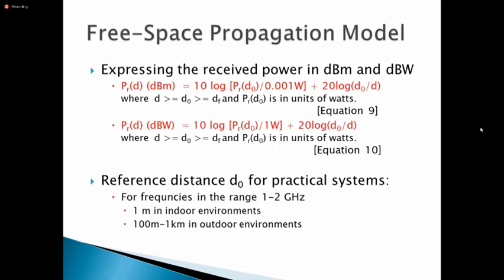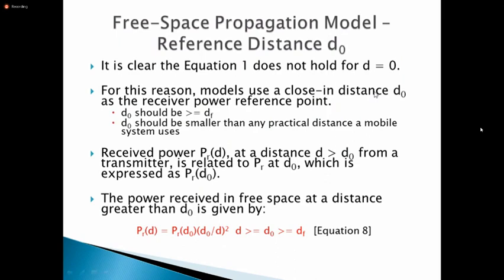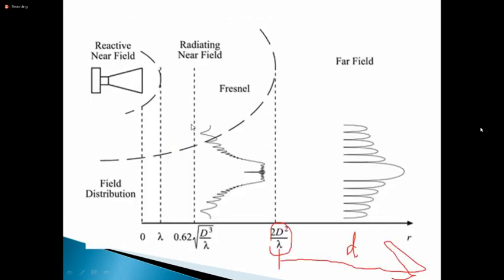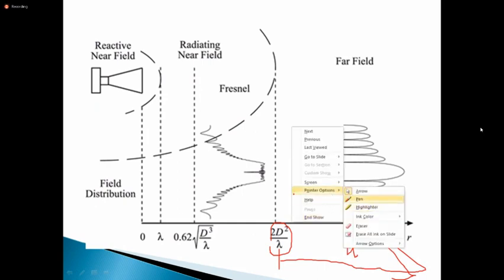So what happens? For this reason, models use a close-in distance that is called the D naught as the receiver power reference point. So දැන් close in distance එක කියලා එකක් පාවිච්චි කරනවා. ඒ close in distance එක හැමතිස්සෙම මේ far field distance එකට සමානයි හෝ ඊට වඩා වැඩි. හරිද? close in distance එක කියන්නේ මොකක්ද එතකොට? මෙන්න මෙතන. මෙතන වෙන්නත් පුළුවන්. එහෙම නැත්නම් ඊට වඩා යම් කිසි චුට්ටක් වැඩි වෙන්නත් පුළුවන්.